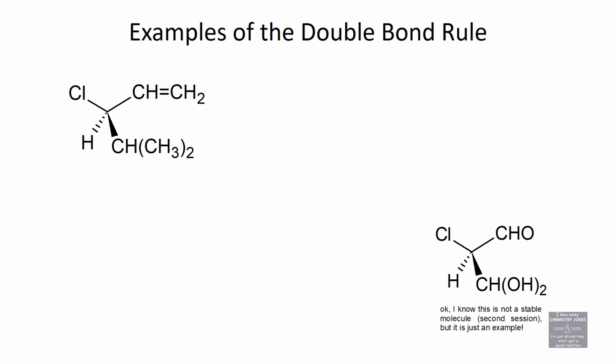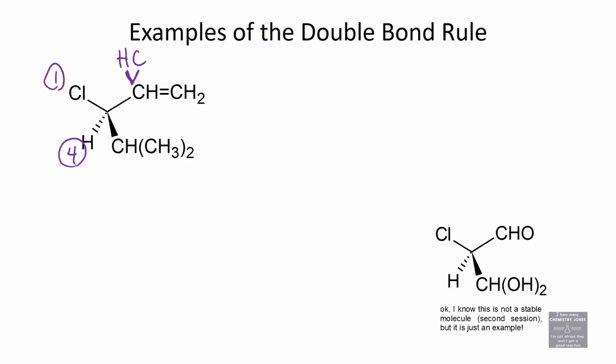So the double bond rule in the Kahn-Ingold-Prelog system is a little bit strange. Let me explain. Highest atomic number, highest priority. Here it's chlorine versus carbon versus carbon versus hydrogen. So chlorine and hydrogen chosen. Carbon versus carbon. This carbon is connected to a hydrogen and a carbon.